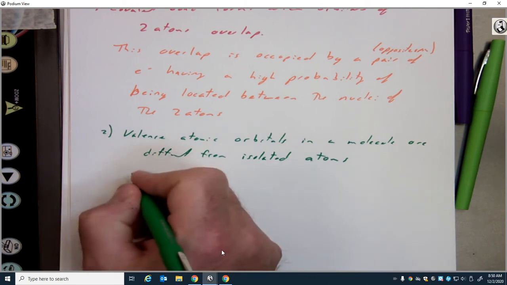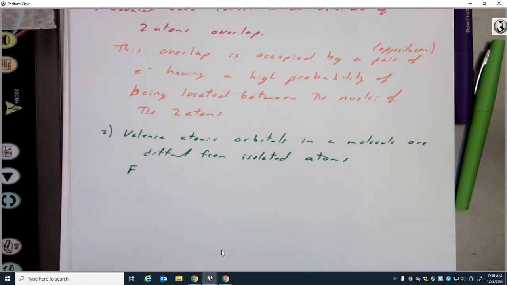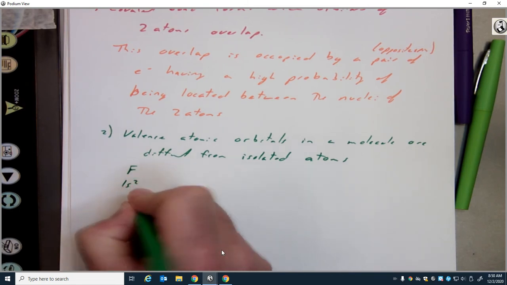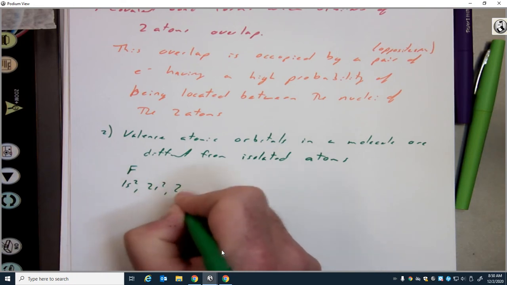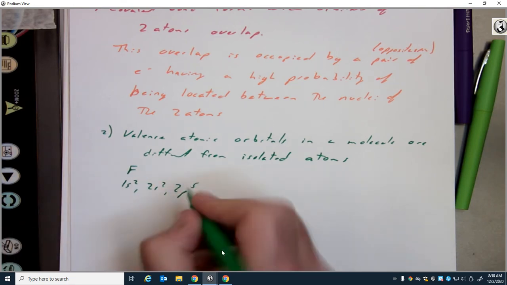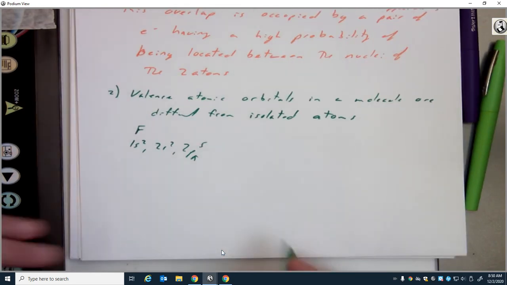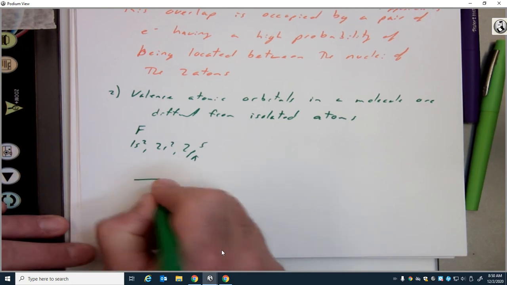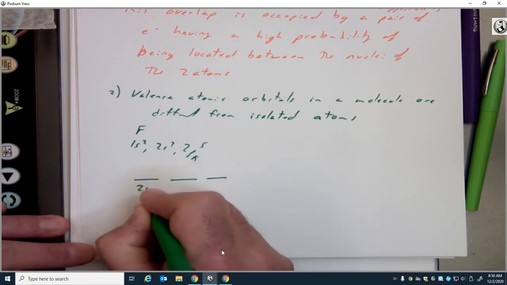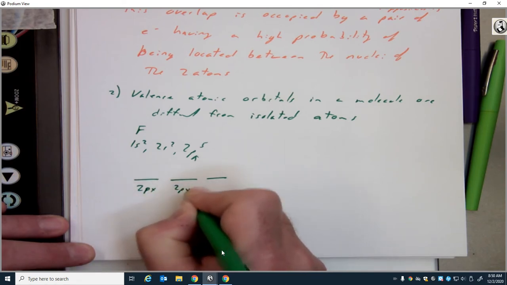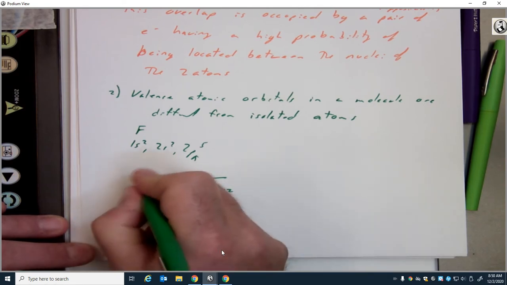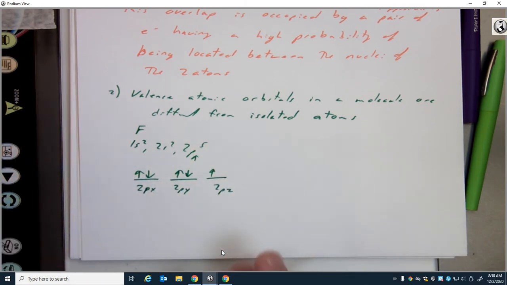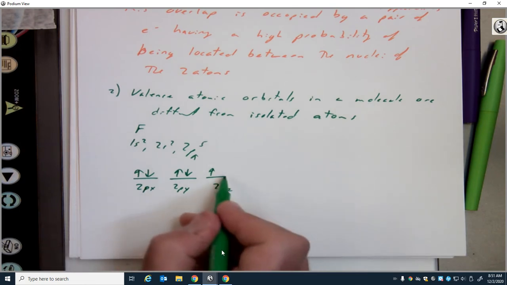Look at fluorine, whose electron configuration is 1s2, 2s2, 2p5. Focusing on the p orbitals, our valence electrons would have up-down, up-down, and up, leaving one unpaired.